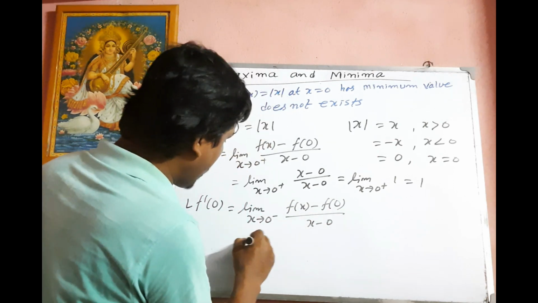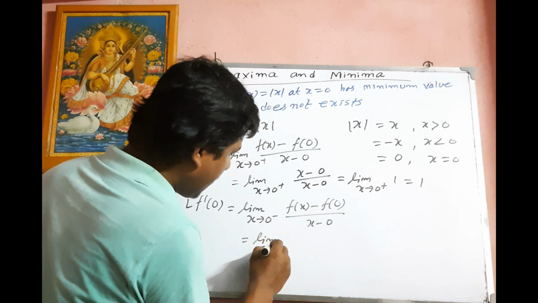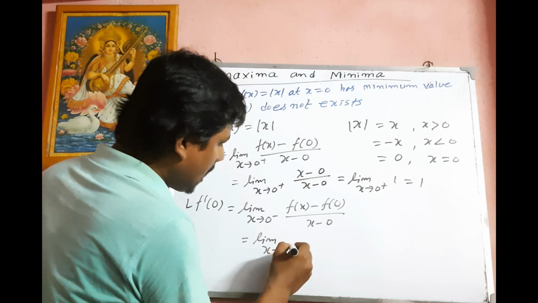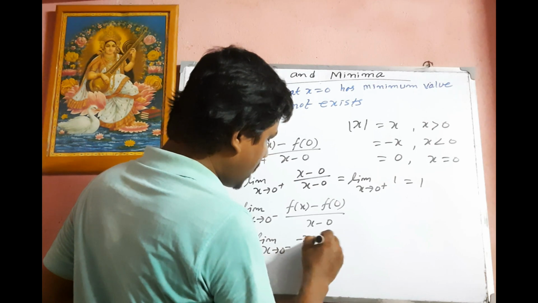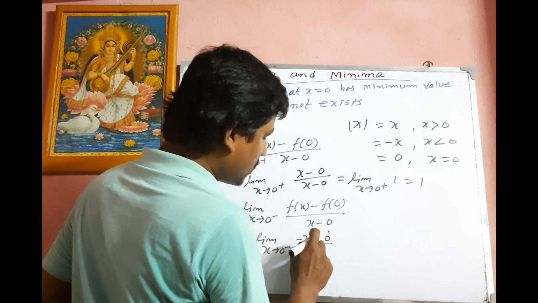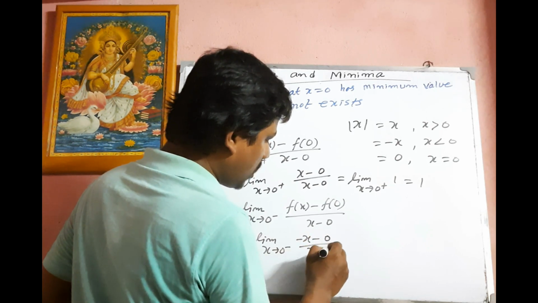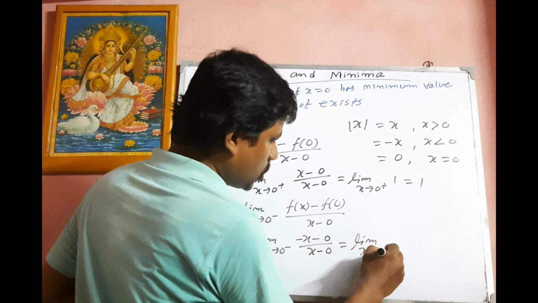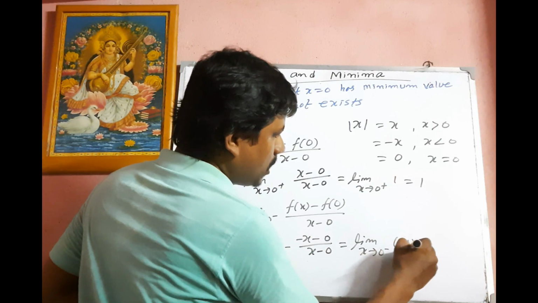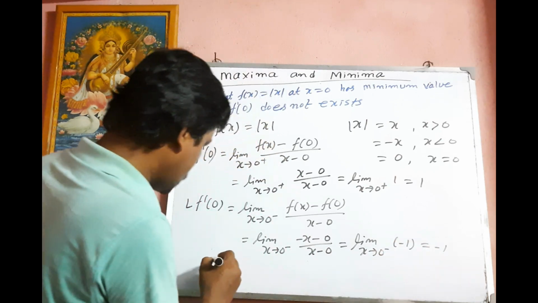If we put the value of f of x when x is less than 0, then we get minus x minus 0 divided by x minus 0, that is the limit as x tends to 0 minus, and this is minus 1.